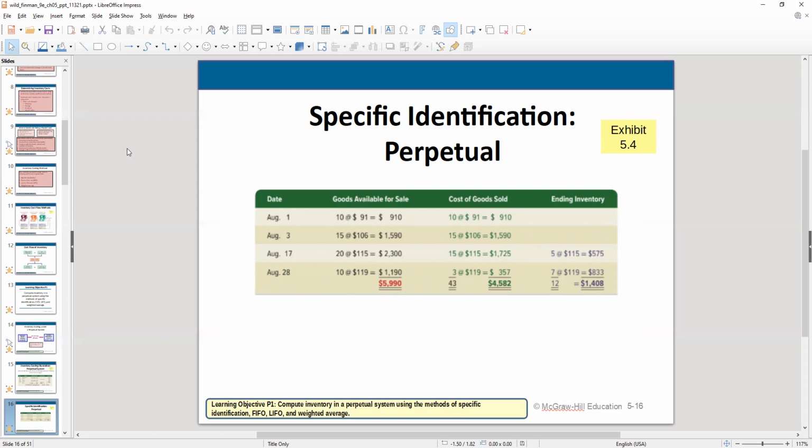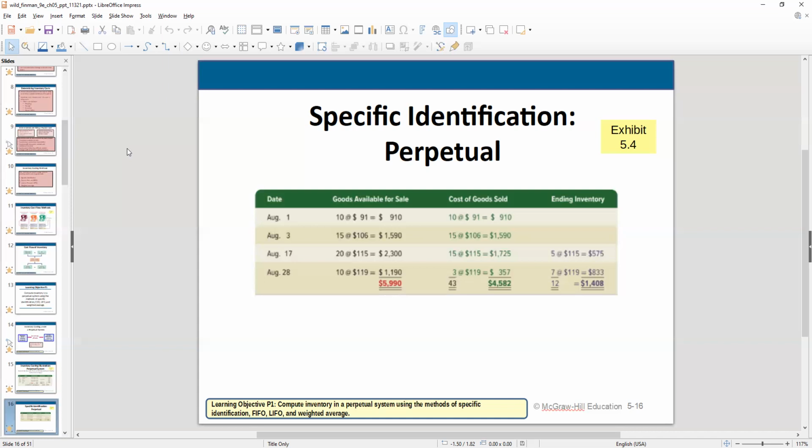August 17th. Oh, I'm sorry. Let me back up. Cost of goods sold under specific identification is we're making the assumption that the units were sold specifically at 10 at $91.